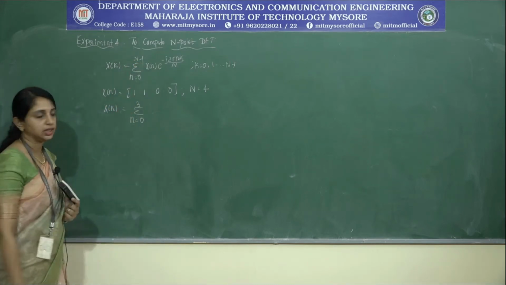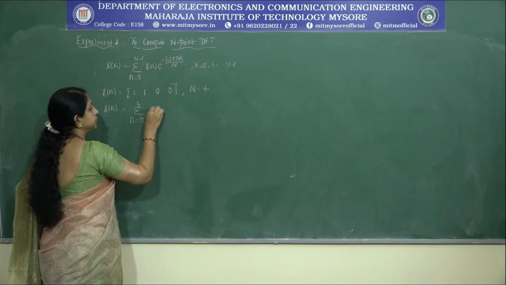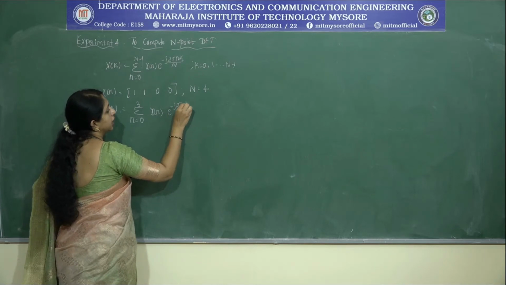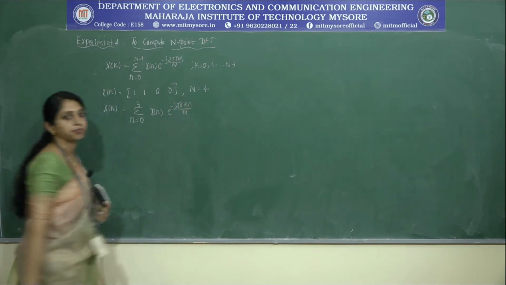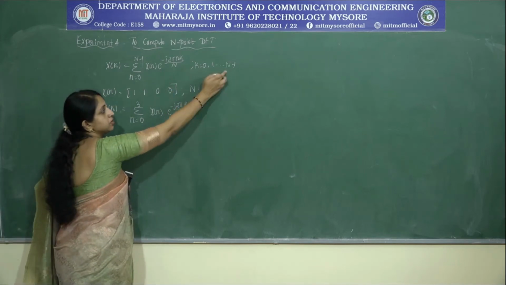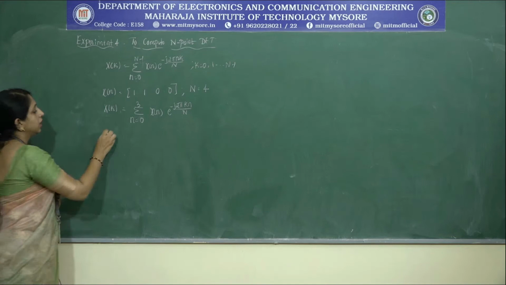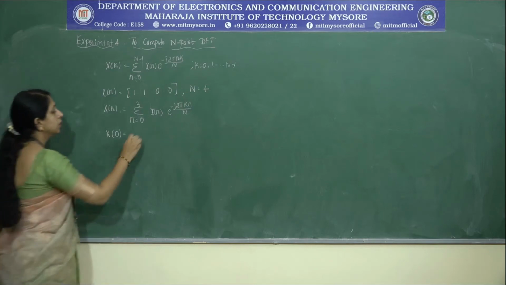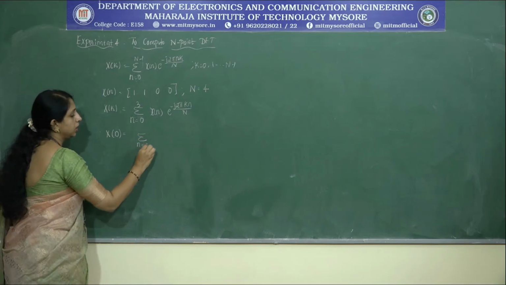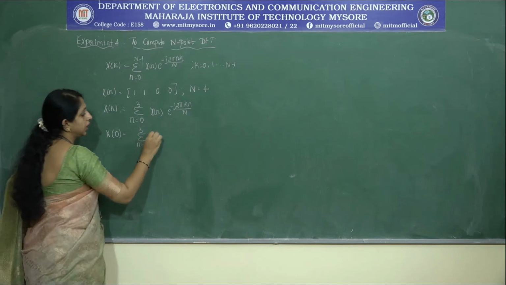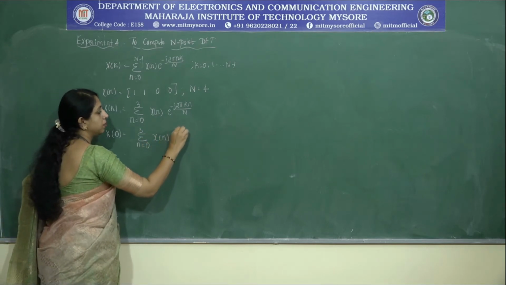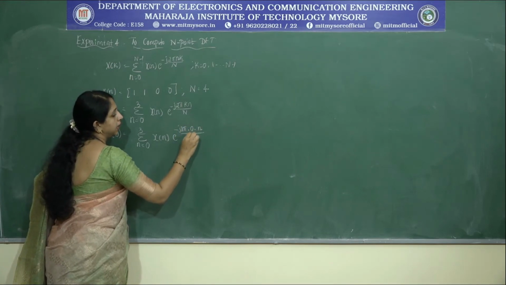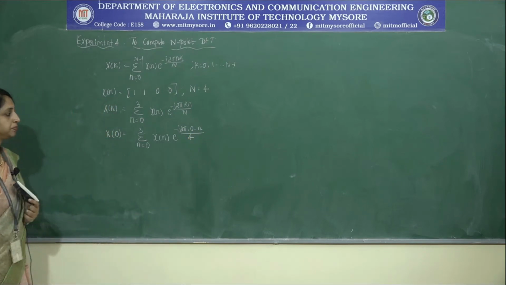It is 3. x of n e power minus j 2 pi k n by capital N. As we know, k will be running from 0 to N minus 1. Take the first value of k, that is X of 0. What does it become now? Summation n is equal to 0 to 3 x of n e power minus j 2 pi, what is k? It is 0, into n divided by capital N value 4.